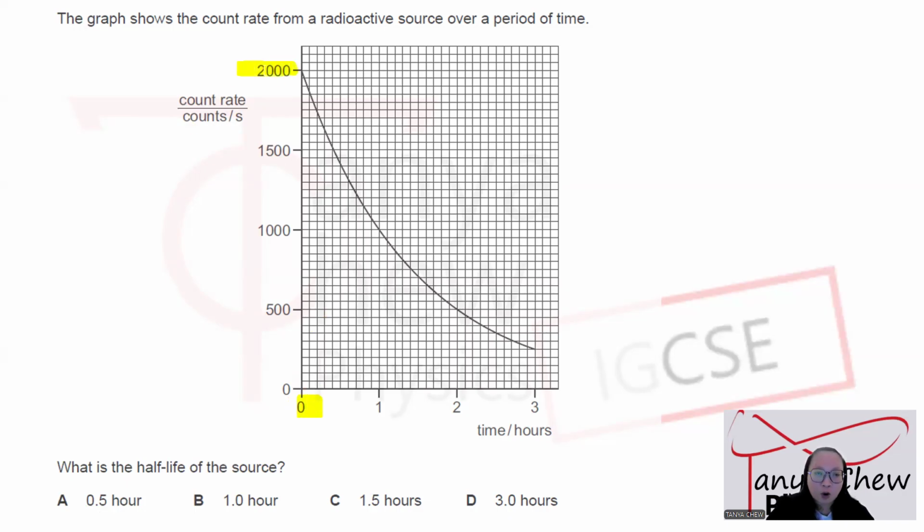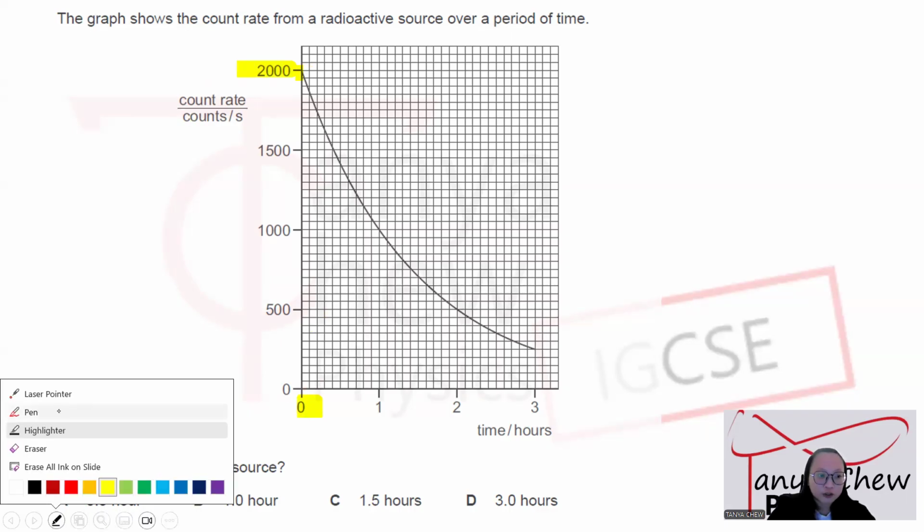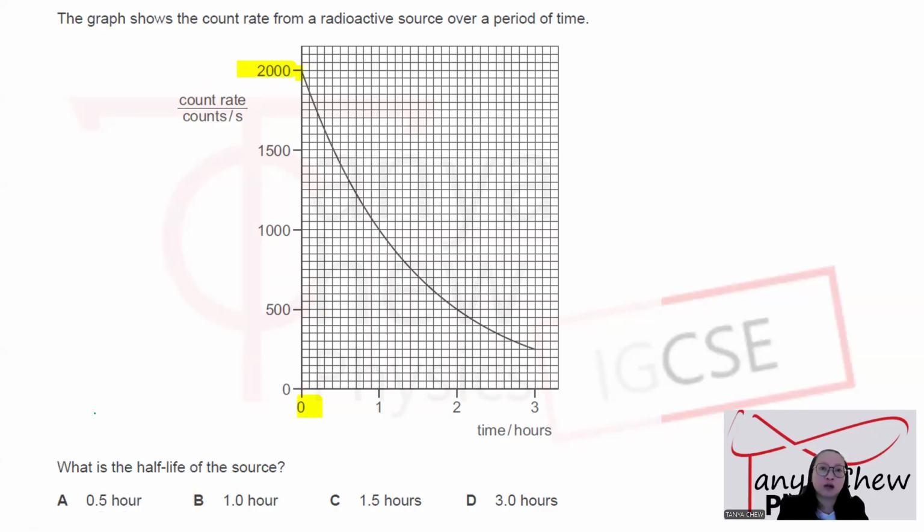Look at the value on the y-axis, the start of the exponential graph. It is 2000. 2000 is the initial count rate of this radioactive source. So just write it down: initial count rate is equal to 2000 counts per second.